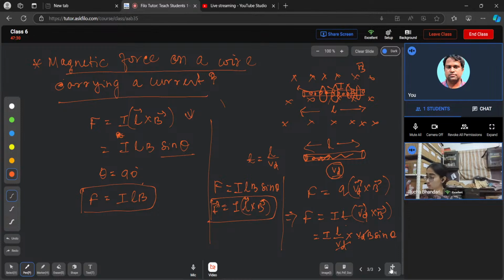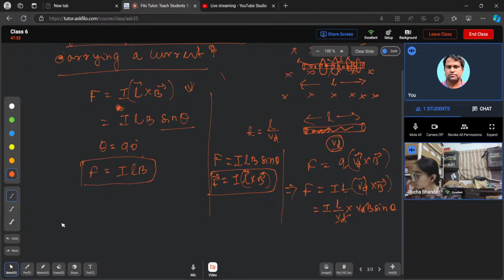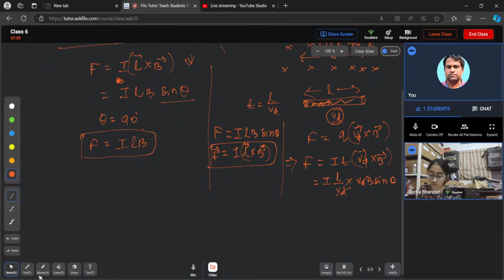So instead of a regular or straight shape, if any arbitrary shape of conductor is there, for that let us cut and make a small straight dl.